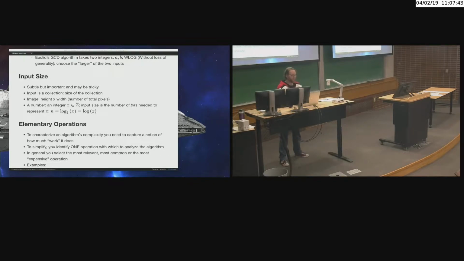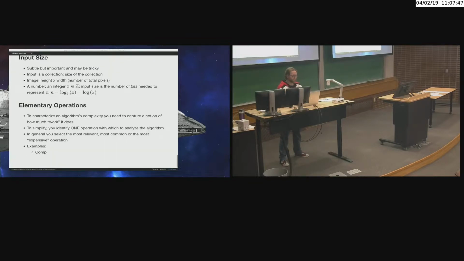For example, if you were searching or sorting something, then you could look, as I said before, at comparisons. Right? You could also count arithmetic operations, like additions or subtractions, or multiplications or divisions. Right?